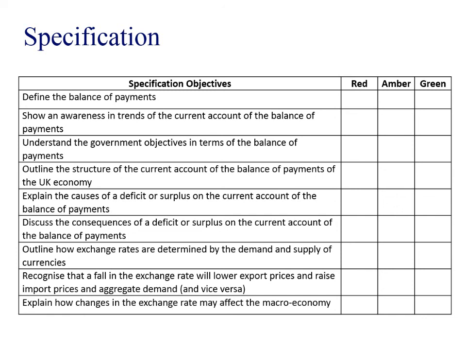The structure of the current account of the balance of payments: trade in goods plus trade in services plus net income plus net transfers. Explain the causes of a deficit or surplus, lots of stuff, so go back to the slide for that one. And the consequences of a deficit or surplus depend upon the size as measured as a percentage of GDP. It depends upon the duration and it depends upon the cause of the deficit or the surplus.